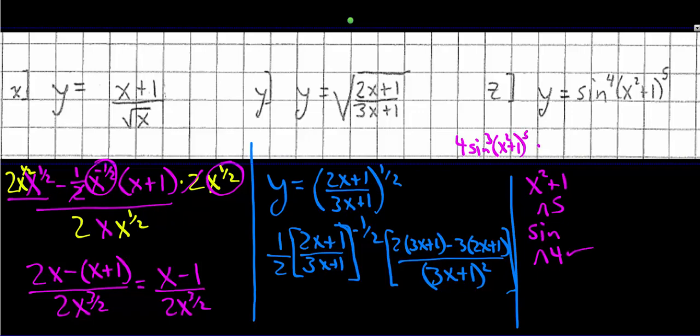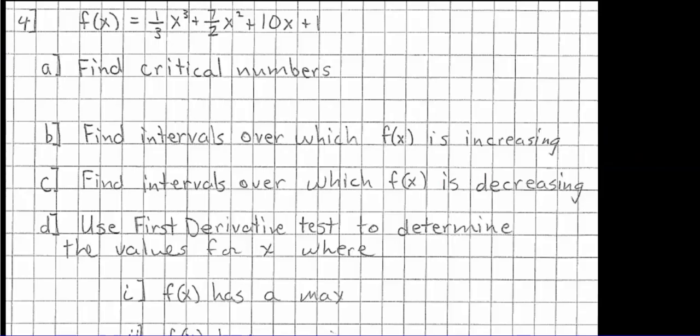Derivative of sine is cosine. Check. Then I've got this thing, 5 times x squared plus 1 to the fourth, and then times 2x. So you're just working your way from the outside in. Okay, so that's just kind of an overview, a bunch of different basic derivative problems. And you can let me know if there's a particular type you want to practice more on.